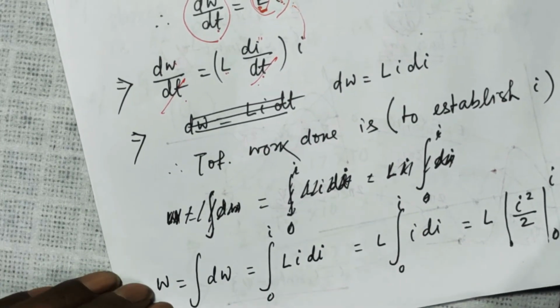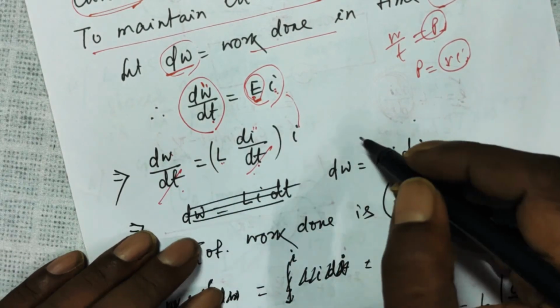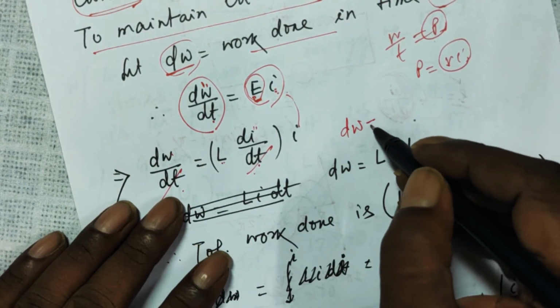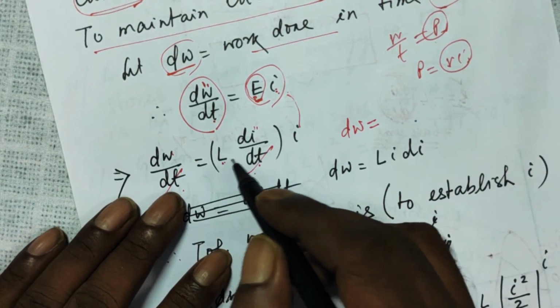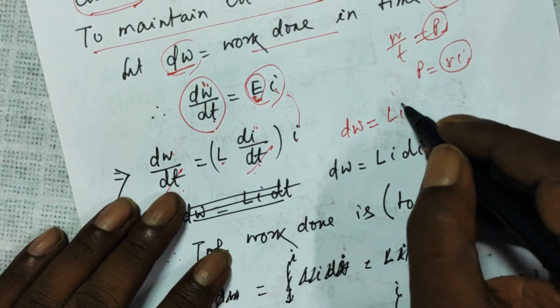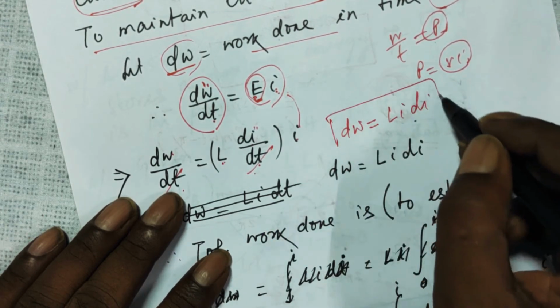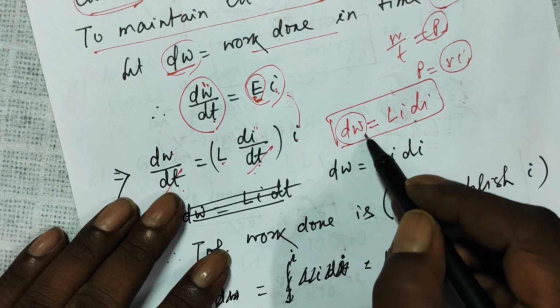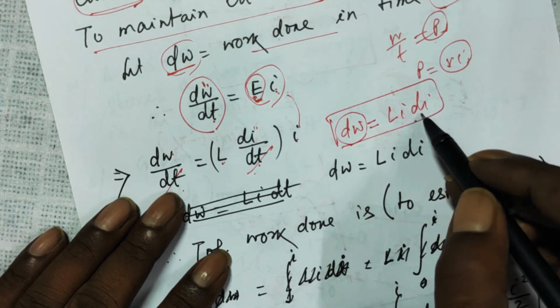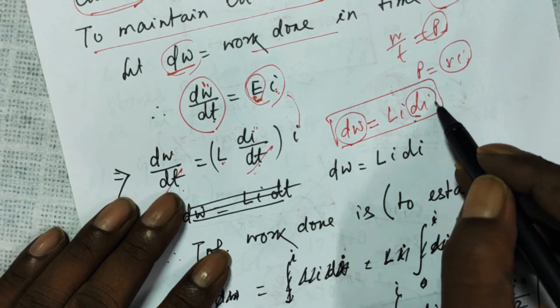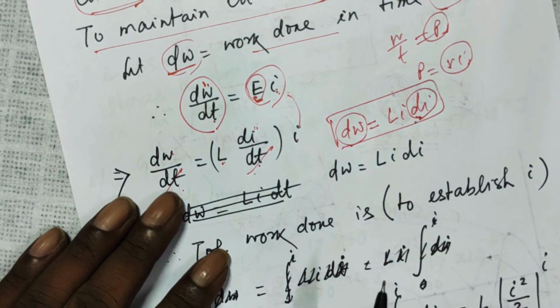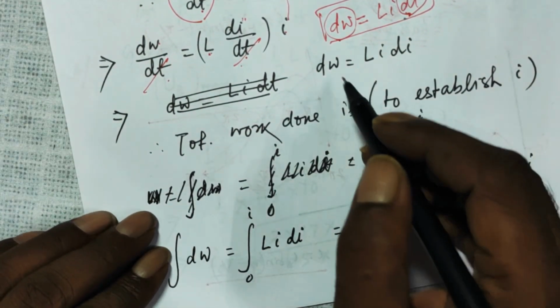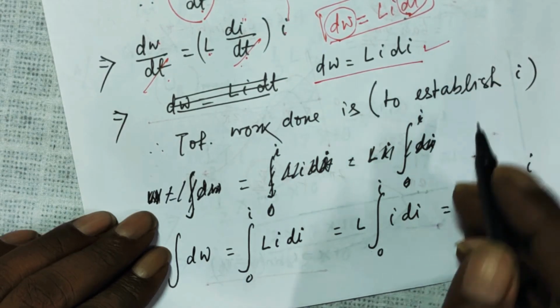So I am left with dw is equal to Li di. So this is the small work done when the change in current is equal to di.